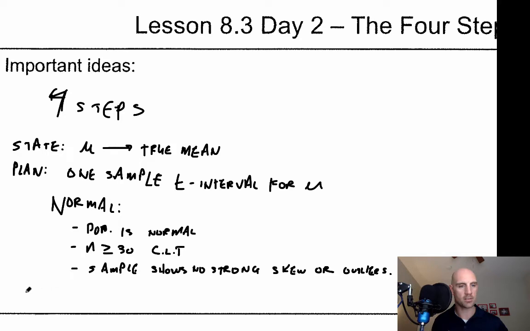And what we're going to do is going to look very familiar. Check this out. Our do is going to be our sample mean, or our x bar, plus or minus our t star times our standard deviation over the square root of our sample size, which is n.